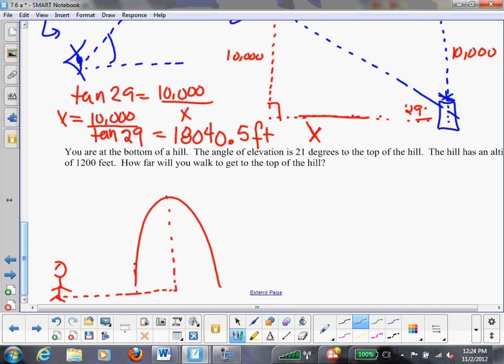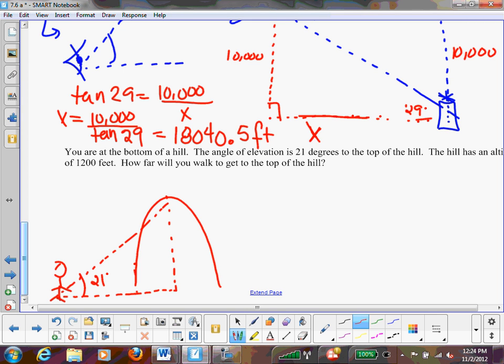Okay? The angle of elevation, so from my line of sight, is 21 degrees to the top of the hill. So here's my angle of elevation, correct? It's me looking up. I'm creating it at the bottom of my man instead of my eyeball, but it's the same thing. Okay? So here's my angle of elevation. It's 21 degrees.